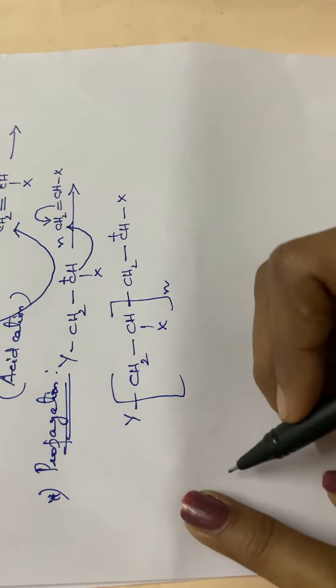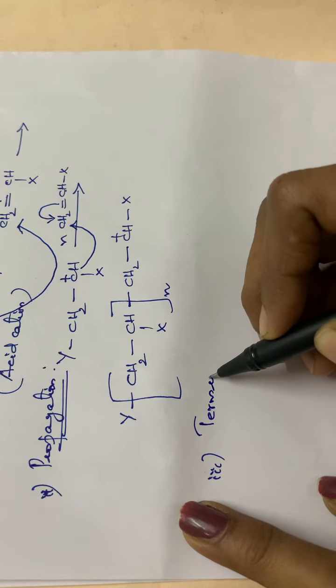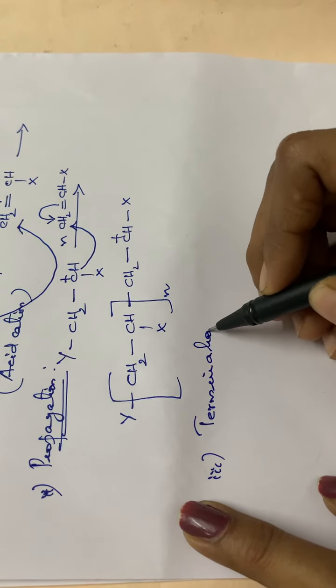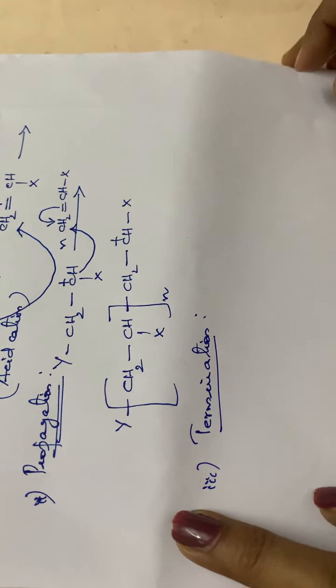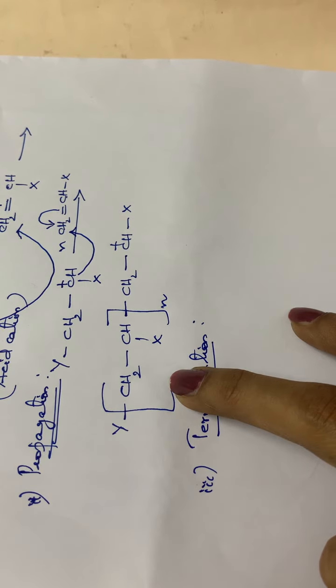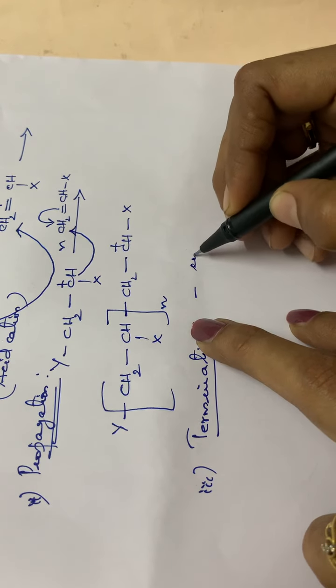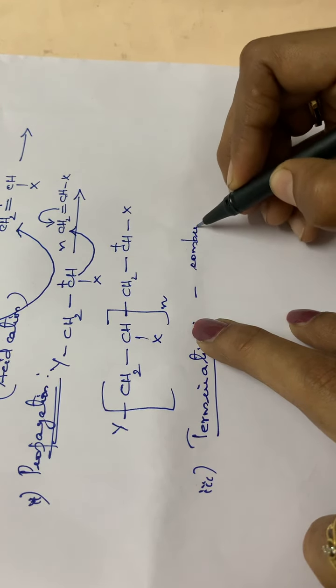Then the third one is the termination step. In the termination step, a positive charge is there, so it has to be neutralized. So there will be a combination with an anion.